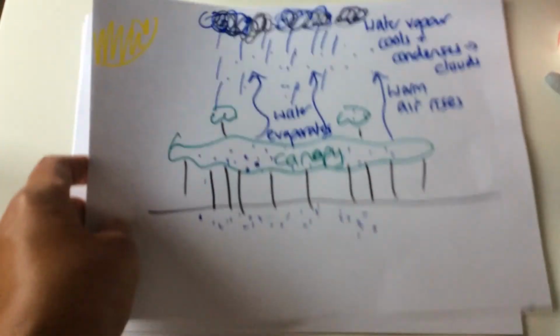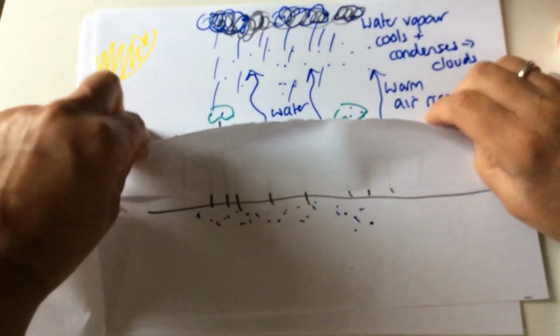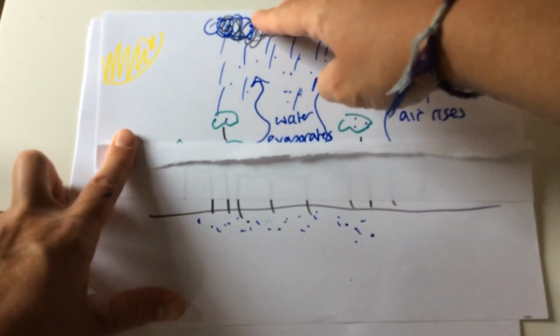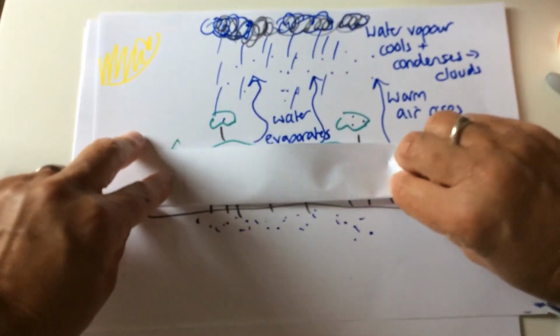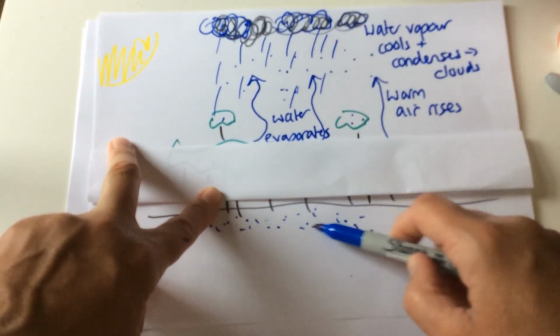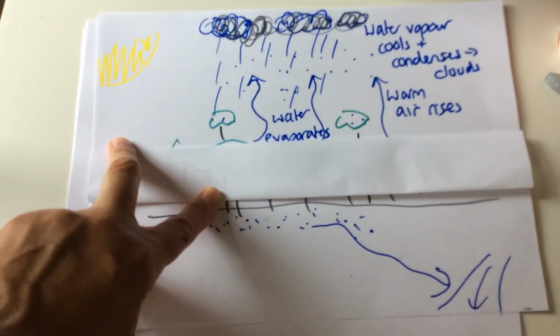so if we take away the trees, let's rip a bit of paper. So if I come in with a load of chainsaws, and take away the trees, when it rains, that water will hit the ground and it will run away to the river and it will head out to sea.